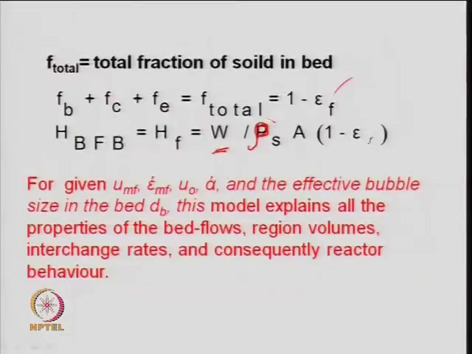This is basically the volume of the catalyst in the bed, and volume divided by cross-sectional area will be equal to height, and this height is related to the solid fraction, 1 minus epsilon f.